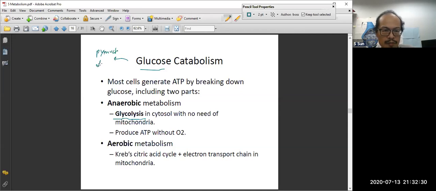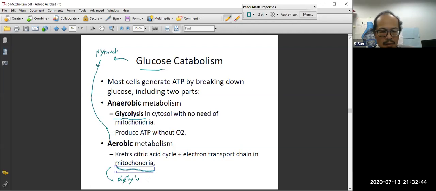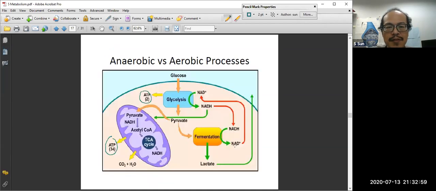It will then enter into the mitochondria, and over there it forms the acetyl-CoA, and then it enters into the citric acid cycle, or Krebs citric acid cycle. So that's two processes over there.